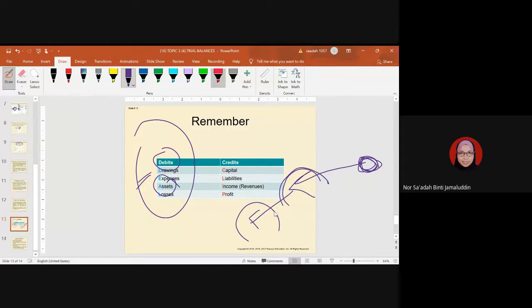So we must transfer into the Trial Balance in a credit side. It may occur because it shows that you face an overdraft bank. Okay, when the balance brought down for bank is debit, it's included under the asset.